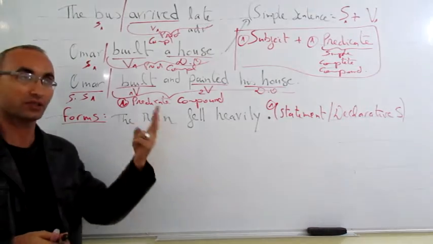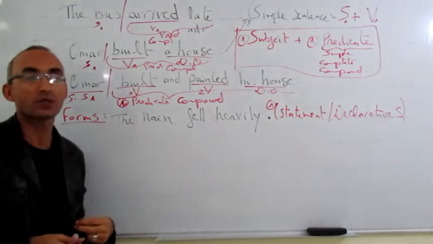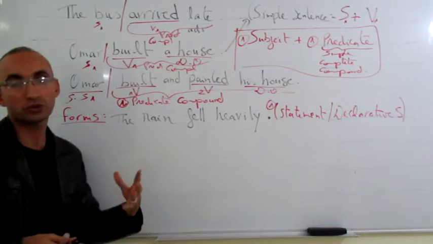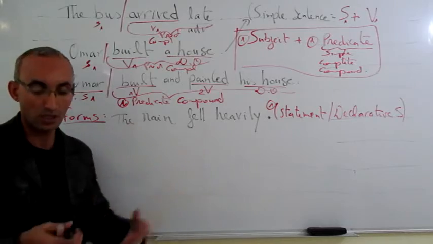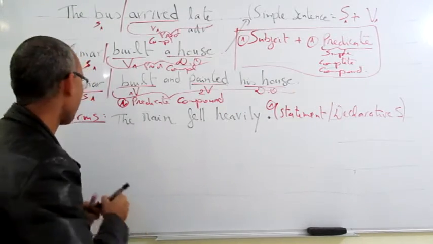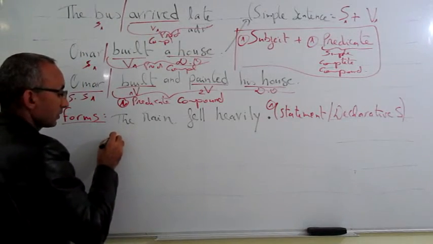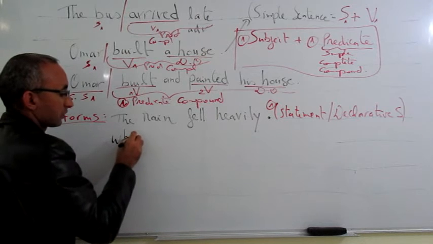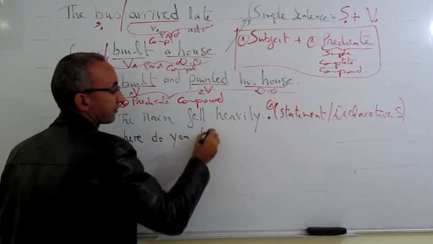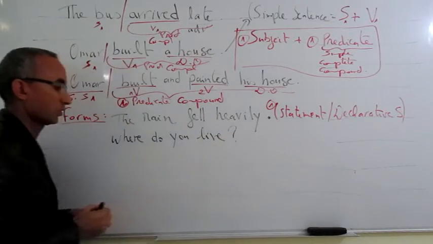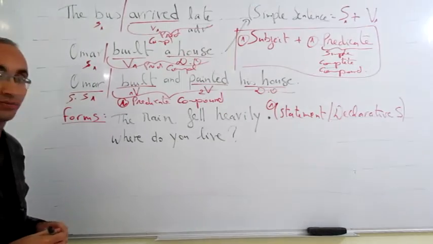Also, we have the second commonest form of the English sentence, which we use to ask for information, not to give. For example, I write: Where do you live?